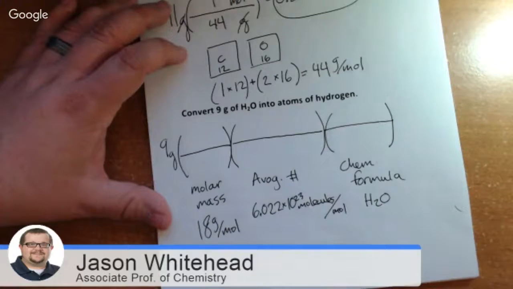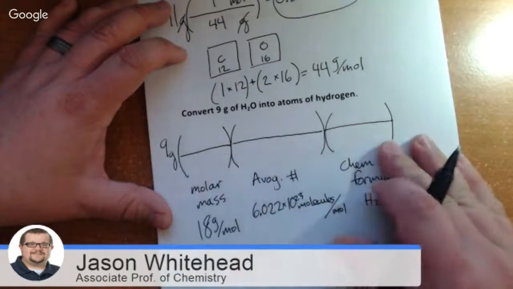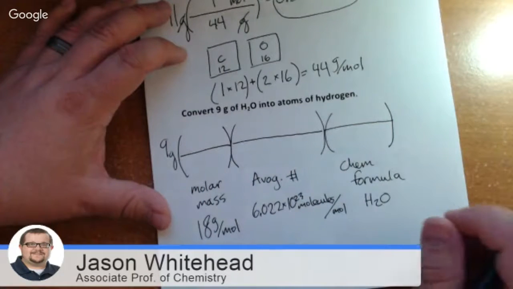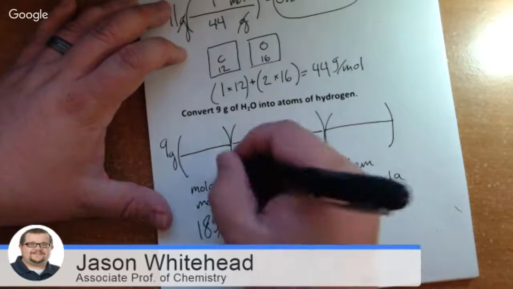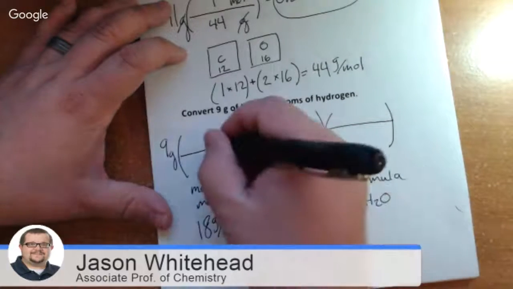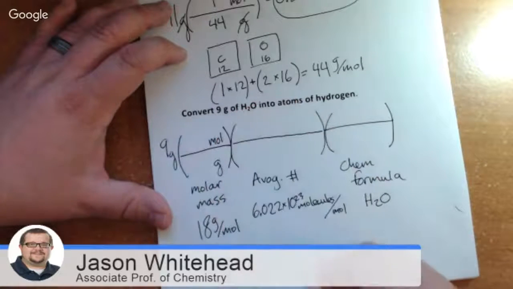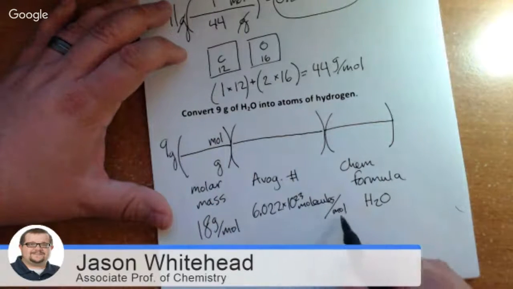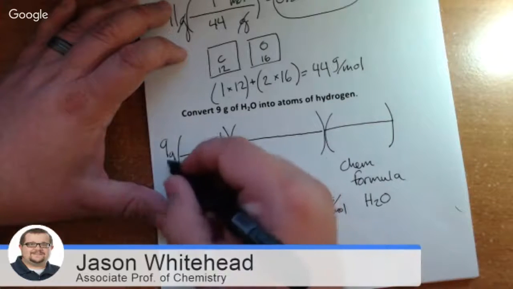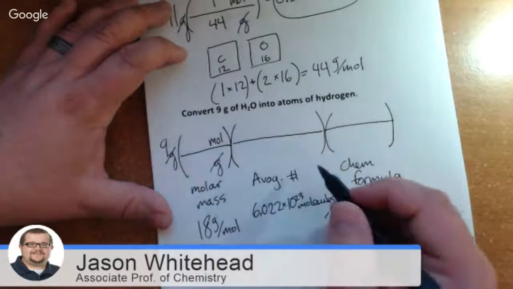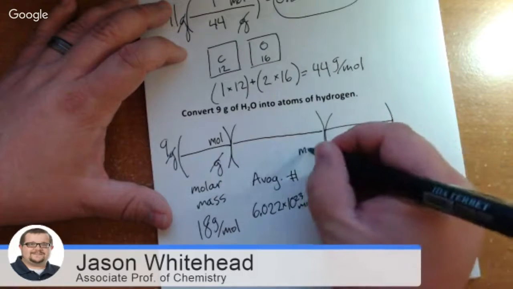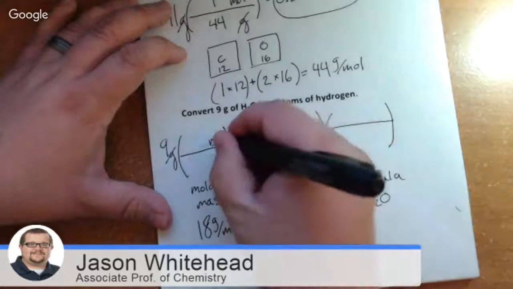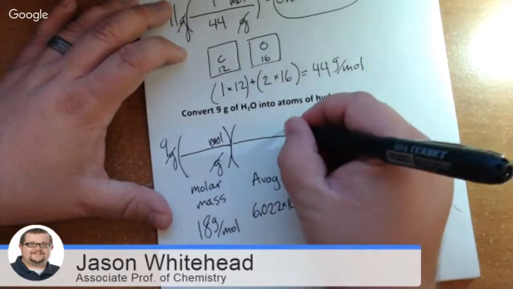Okay, so what I'd like to do is set everything up unit-wise, and then we can start filling in numbers. Molar mass is in units of grams per mole. I want grams to go away, so I'll put them on the bottom. Avogadro's number is in terms of molecules per mole. I've already canceled grams, but now I need to put my molecules per mole in. I'll put the moles in the bottom, that way they'll cancel. I'll put the molecules in the top.